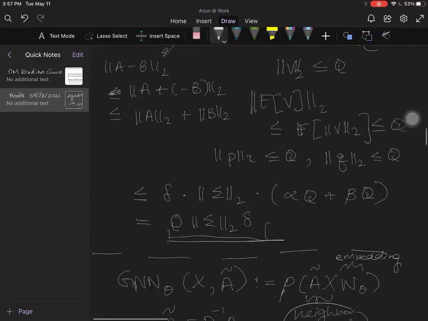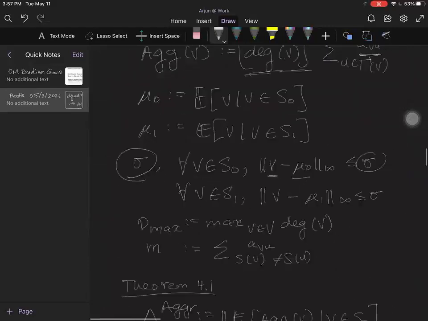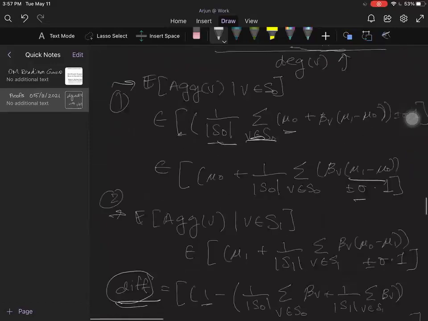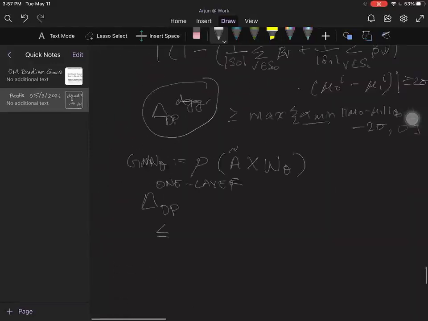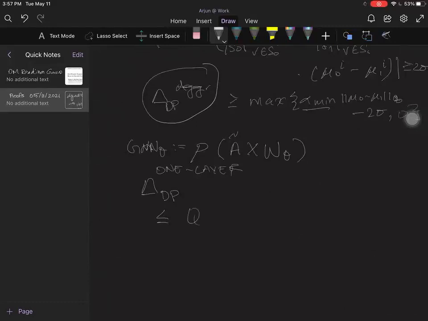From this proposition, we can show that this upper bound is nothing but Q prime times the norm of sigma and the difference in the means, and the primes mean nothing more than the means post aggregation.